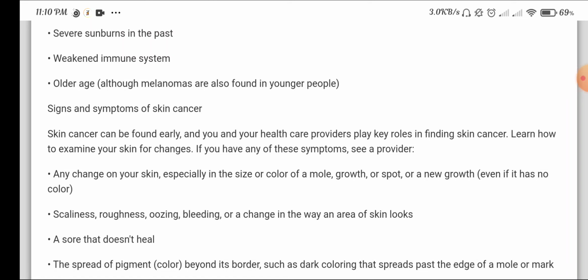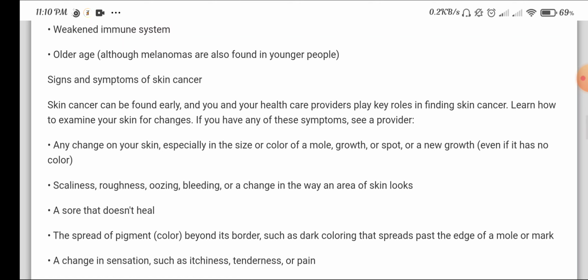If you have any of these symptoms, see a provider. Any change on your skin, especially in the size or color of a mole, growth or spot, or a new growth, even if it has no color.